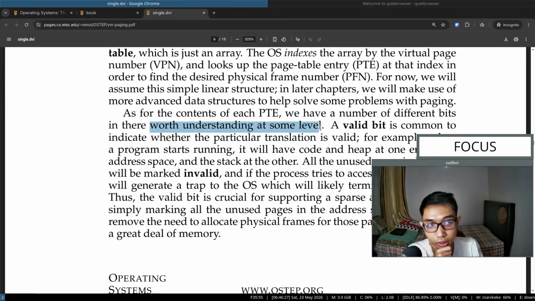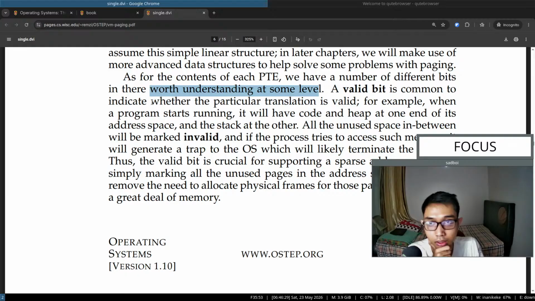A valid bit is common to indicate whether the particular transaction is valid. For example, when a program starts running, it will have code and heap at one end of its address space and the stack at the other.